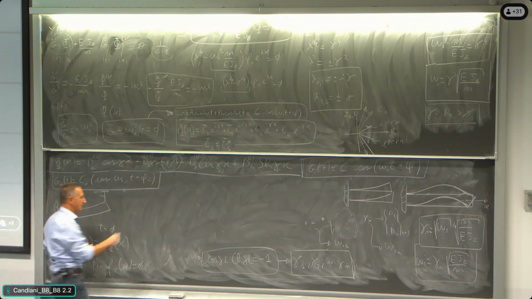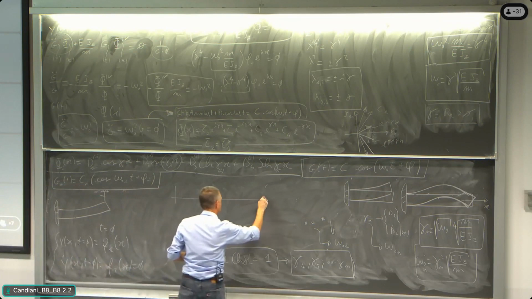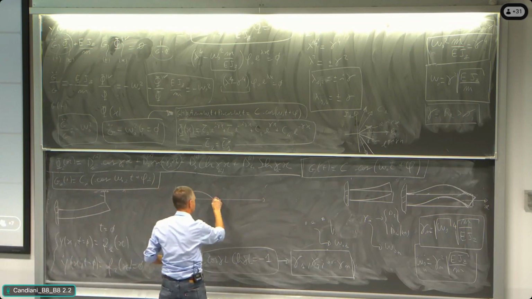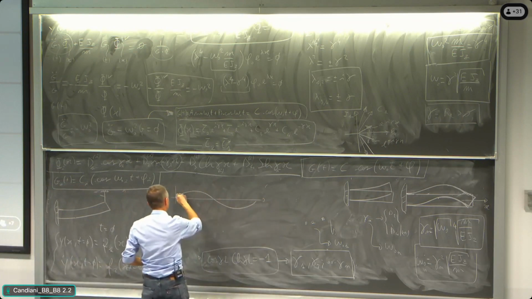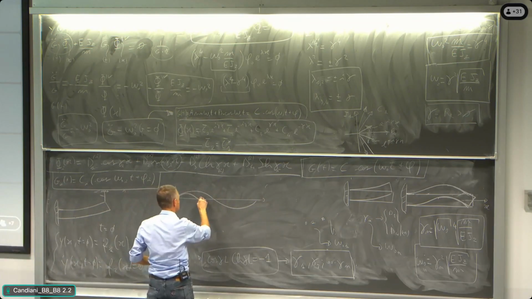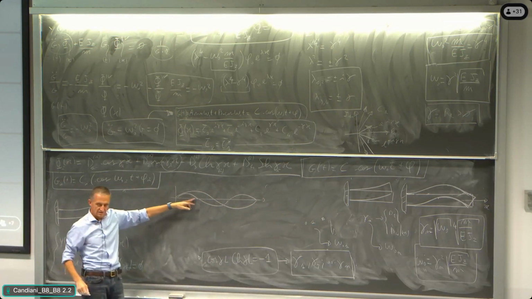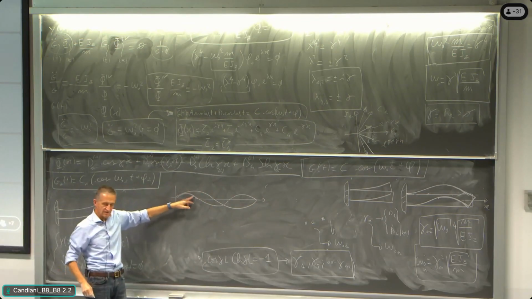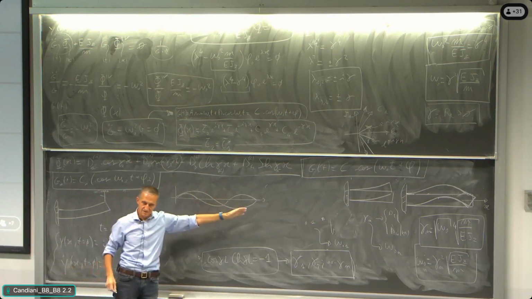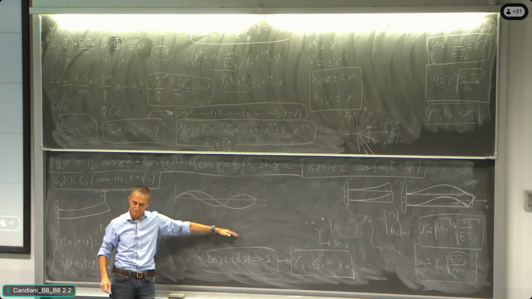The orthogonality property means that if you have this shape and if you have this shape, you make the integral of this times that, you are adding, and the result is null.